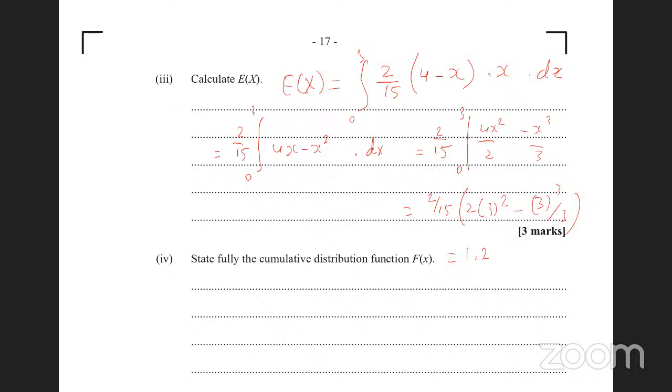Now they want you to state fully the cumulative function. So when they say fully, they want everything: less than 0, between 0 and 3, and more than 3. Do that fast.